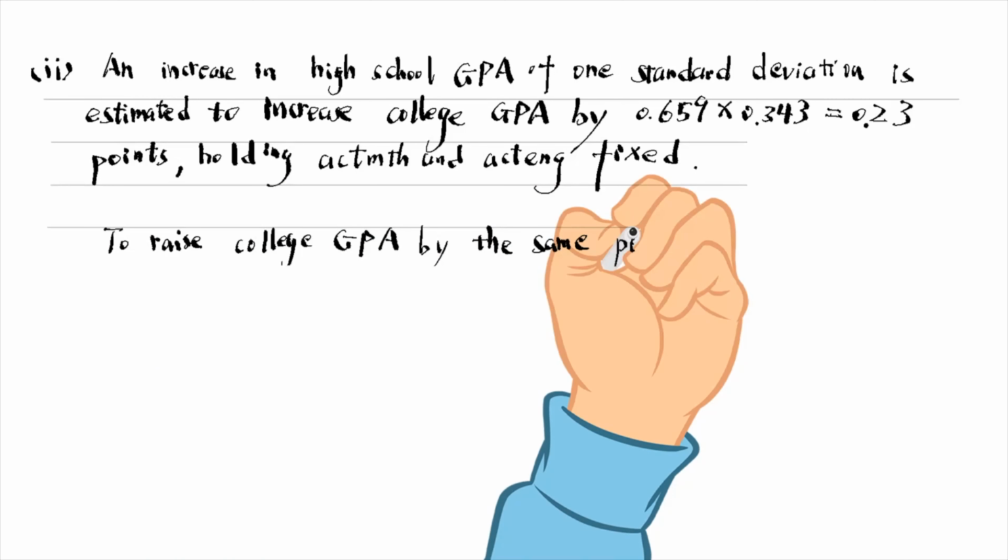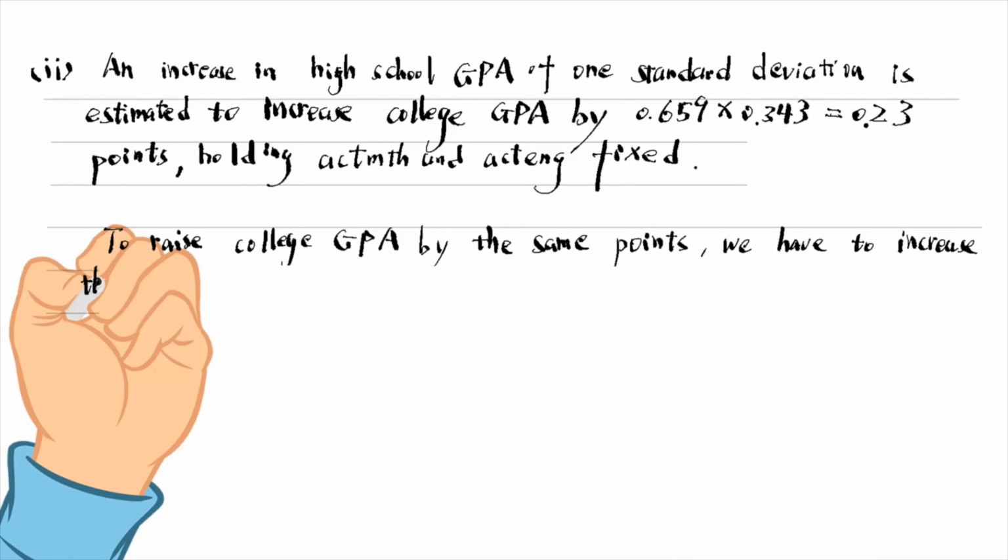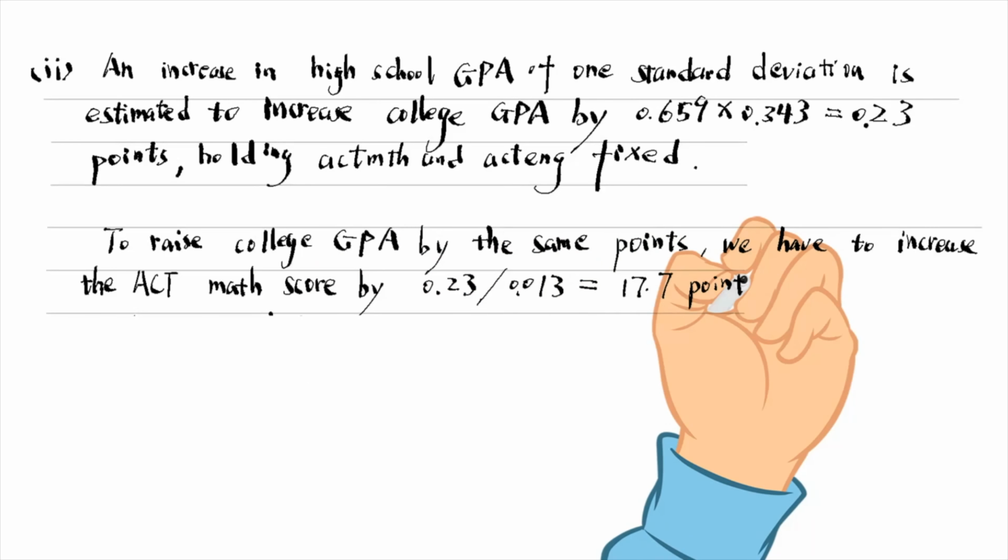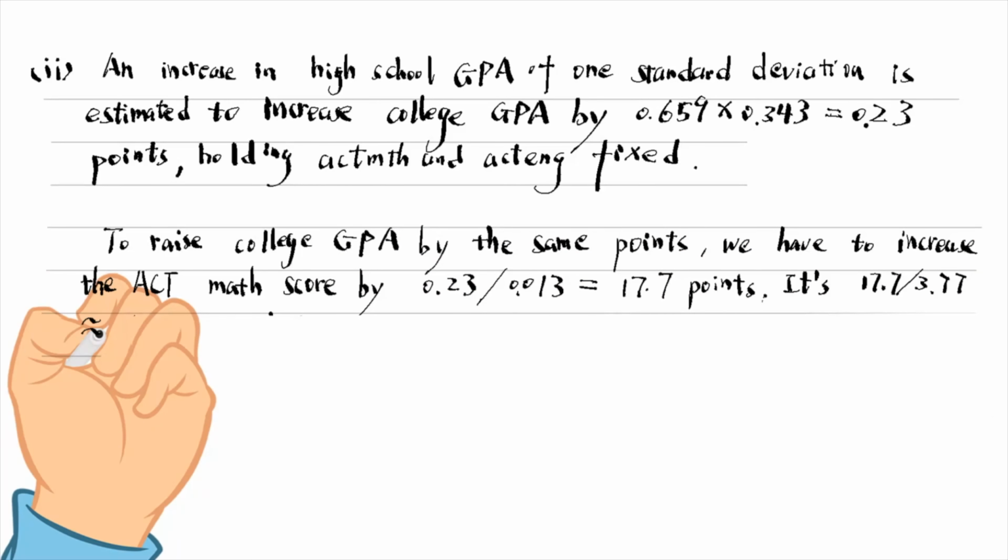To raise the college GPA by the same points, we must increase the ACT Math score by 17.7 points.